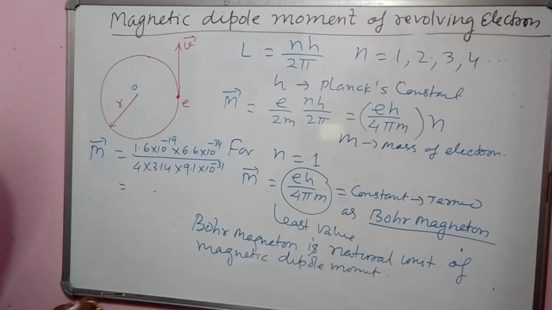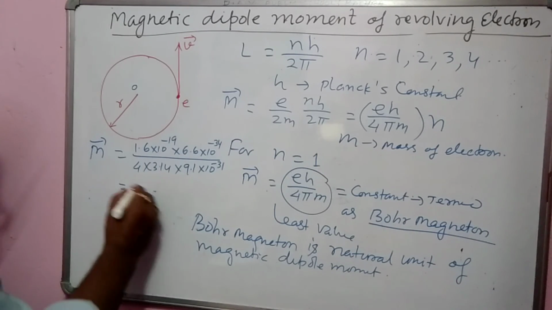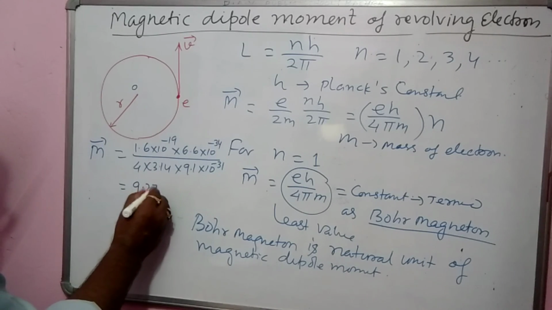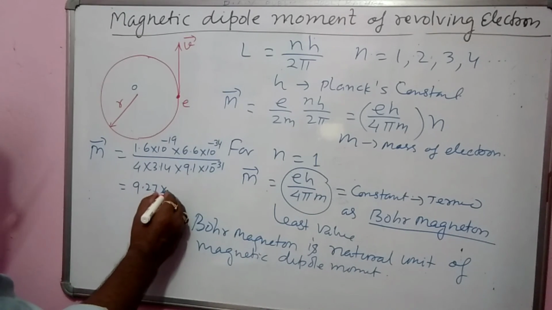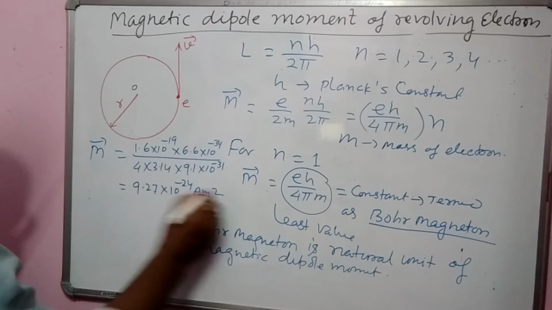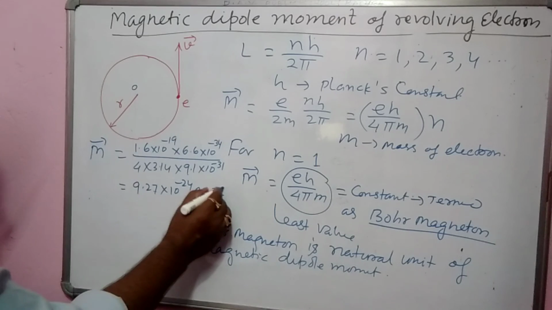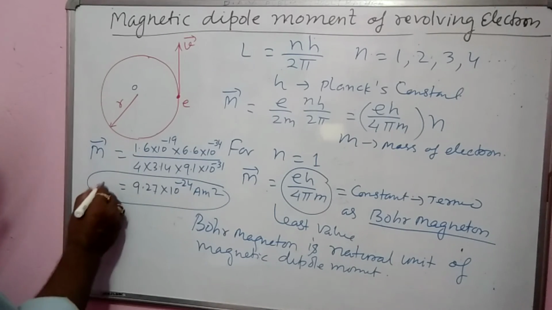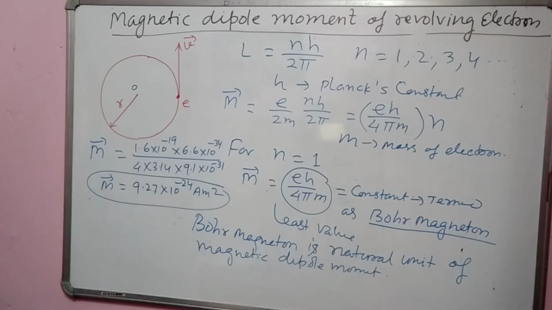After solving, it will be 9.27 into 10 to the power minus 24 ampere meter square. This is the value of the Bohr magneton.